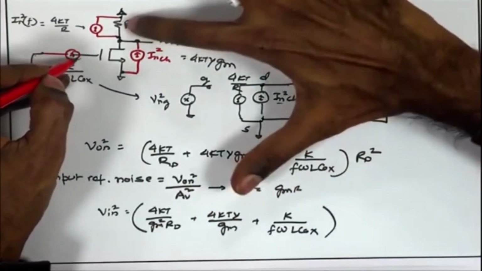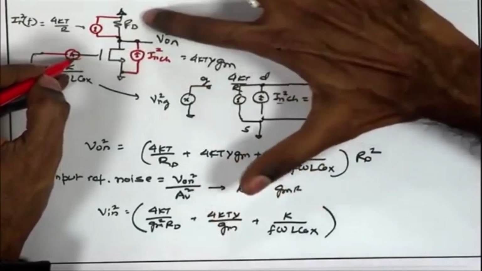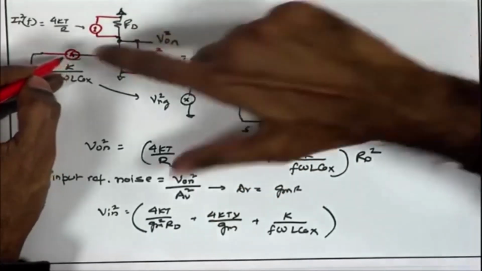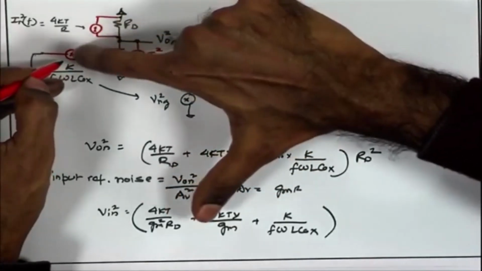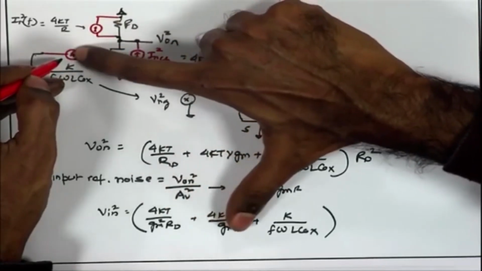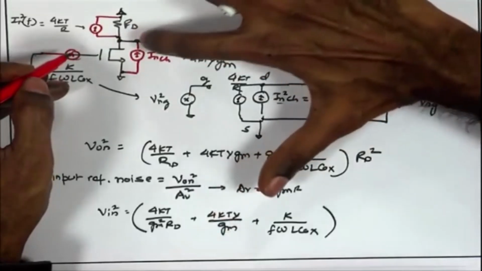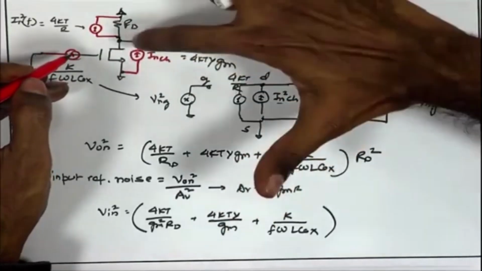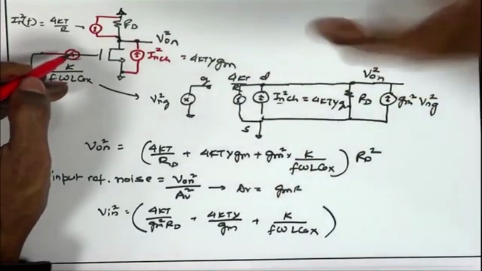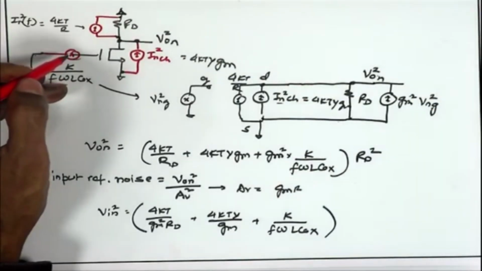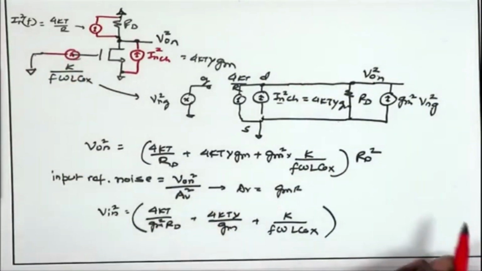So, although it is producing some noise, it is also amplifying the signal, so that as compared to the input referred noise, the signal strength will be increased. So, the signal at the output will be amplified because of RD. Therefore, the signal to noise ratio is getting improved if you are having larger RD.